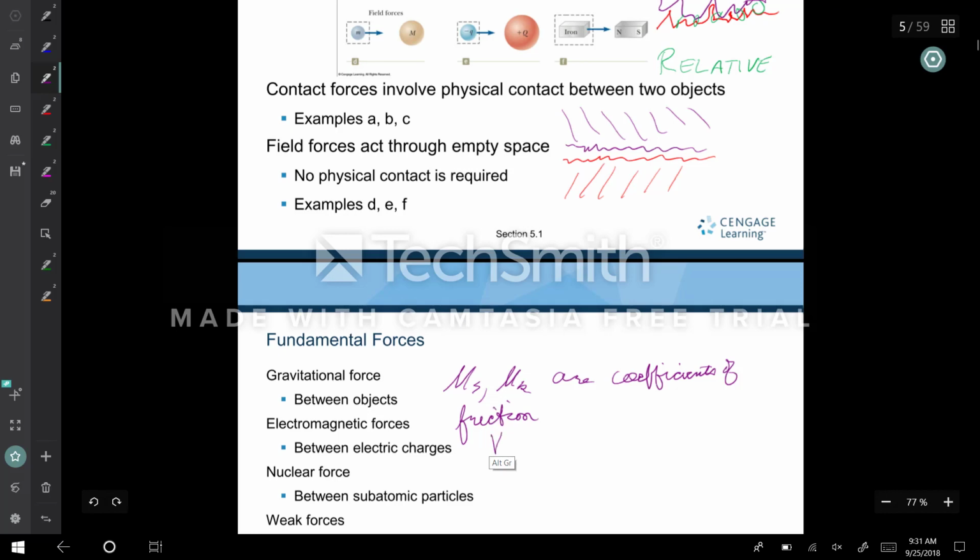Their values depend on the types of surfaces. For example, wood on sandpaper versus, say, Teflon on, I don't know, a waxed floor.